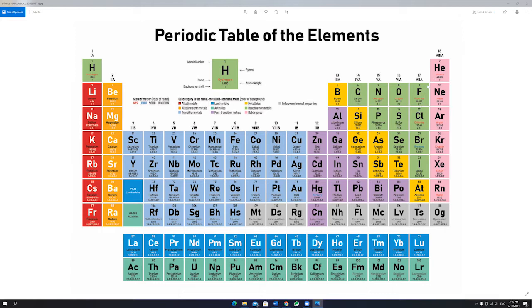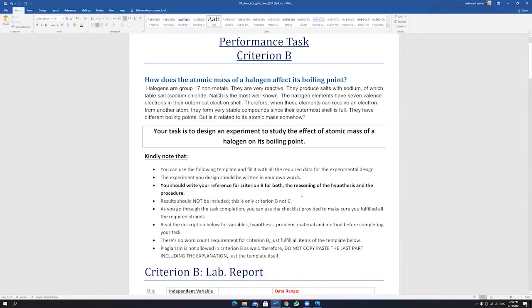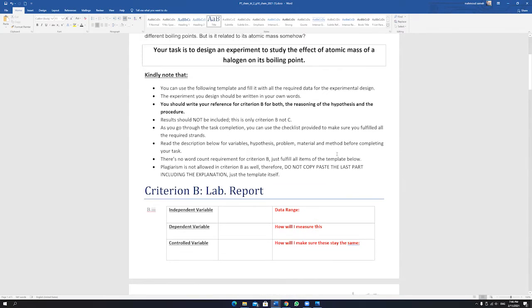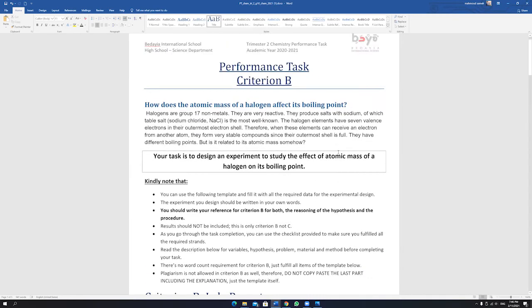The question again: what happens to the boiling point of the halogens when we increase the atomic mass? So you should search about that. You should design an experiment, writing the procedures of what experiment should be done to answer this question. It's easy.